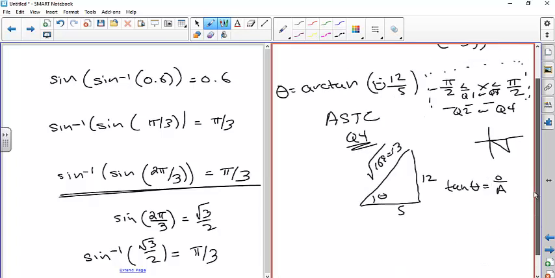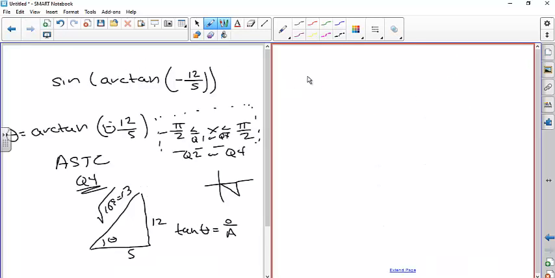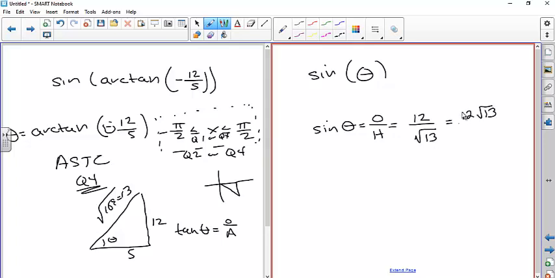And so now when we finally take the sine of this angle, we're not figuring out the angle, but we can use this triangle here. The sine of theta is equal to the opposite over the hypotenuse. So from our triangle, the opposite is 12 and the hypotenuse is 13.